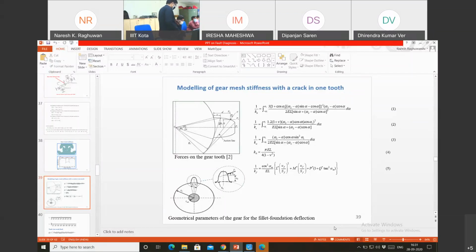Initially they calculated from the compliance, and recently also they are calculating it. But with stiffness the modeling is easier. You can go either way, whichever suits your analysis, but the results are the same.